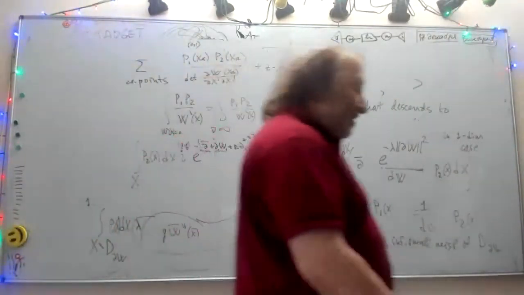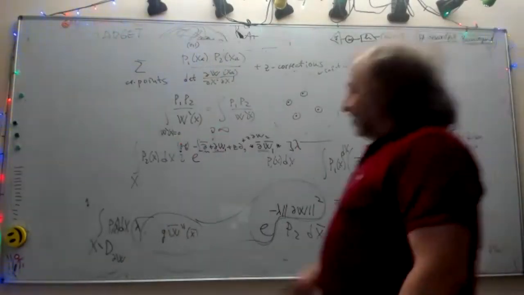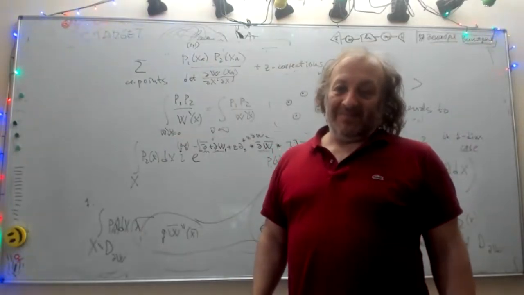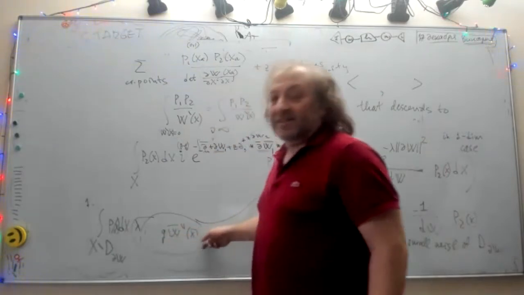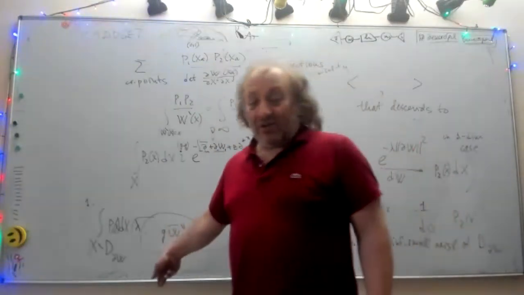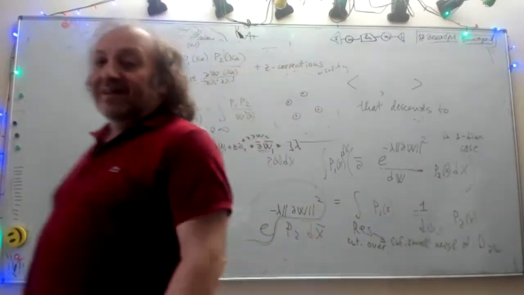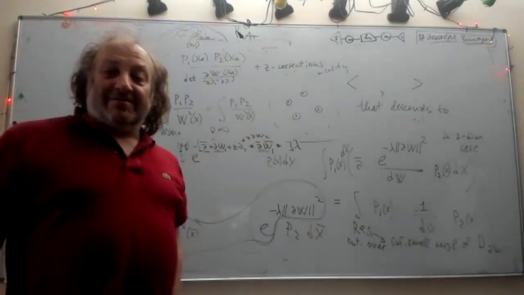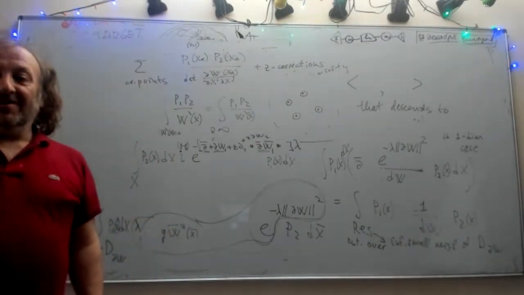Now let us see. Is it possible to evaluate this integral in the opposite limit when lambda is going to 0? So look, when lambda is going to 0, this thing that is not in the exponent goes to 0 because of this lambda. So it means that we have 0 contribution from the finite piece of the manifold X. Okay?